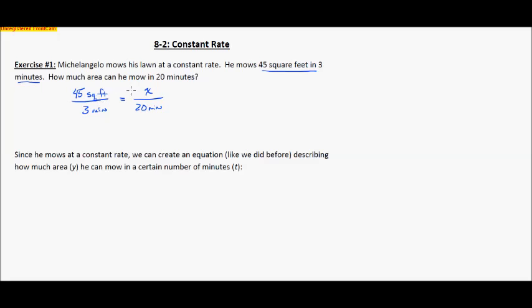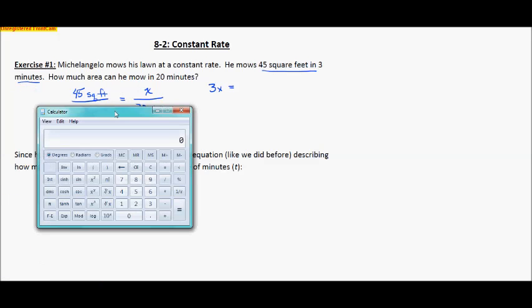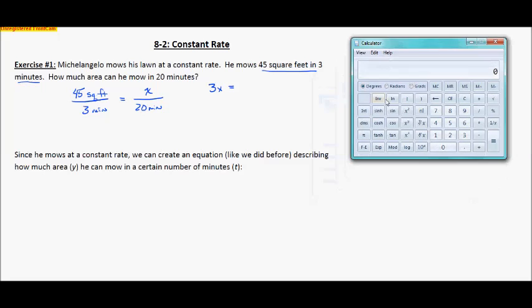Once we have a proportion set up, we're going to cross multiply. So 3 times x gives me 3x, and 45 times 20, that's a pretty big number, so I'm going to get out my calculator. We'll go 45 times 20, although hopefully you can do that in your head, it's 900.